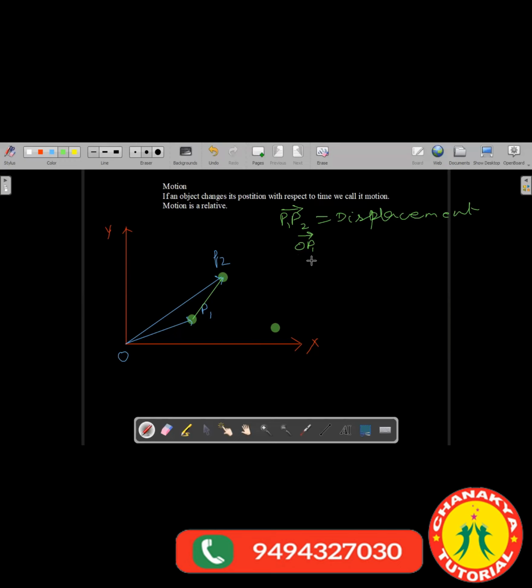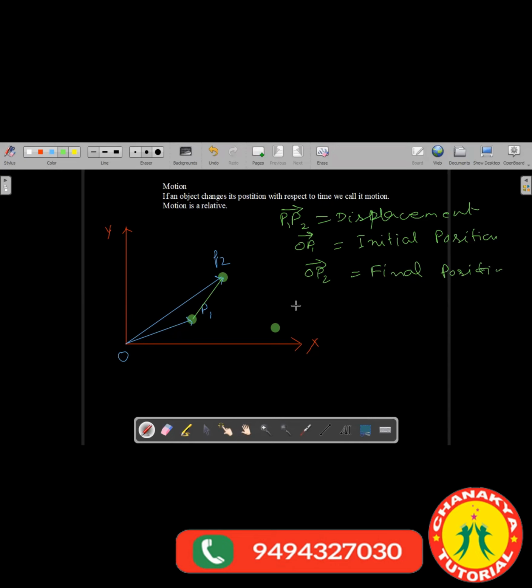OP1 is a vector which represents my initial position, and OP2 is a vector representing the final position.